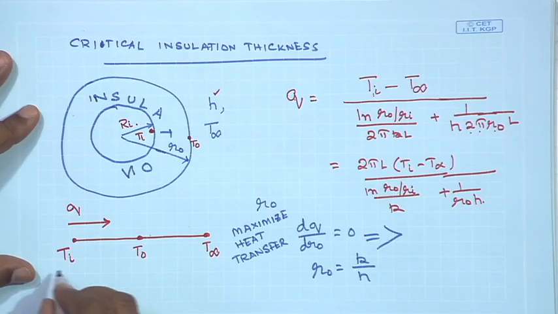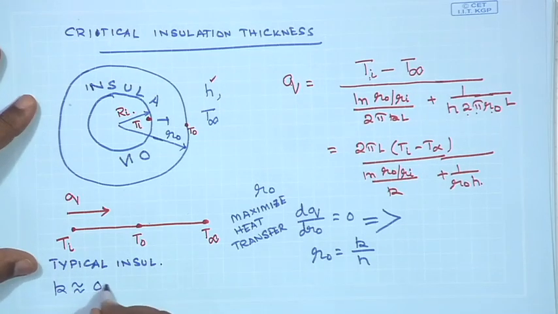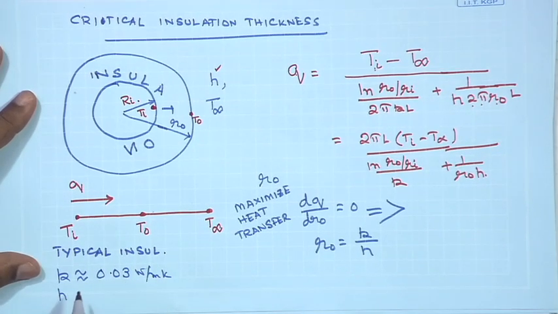For the case of an electrical wire, for a typical insulation, thermal conductivity is about 0.03 watt per meter Kelvin, and the value of H for the case of air, heat transfer coefficient of the air, is about 10 watt per meter square Kelvin.